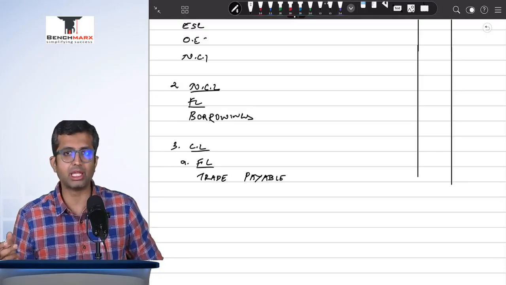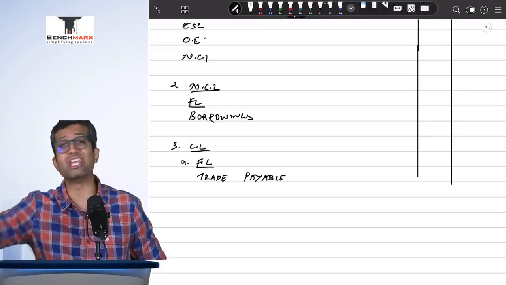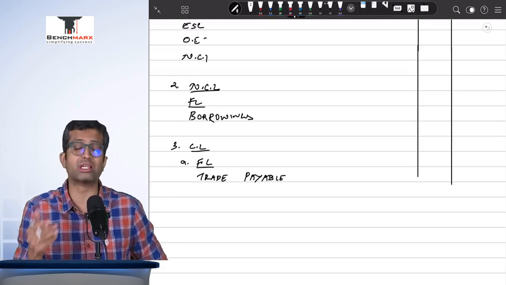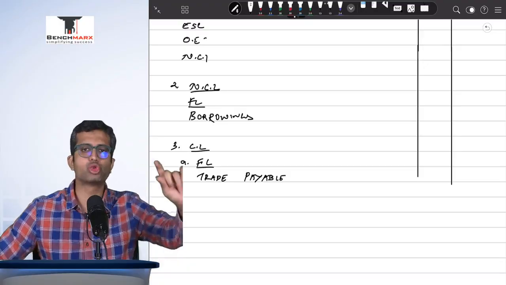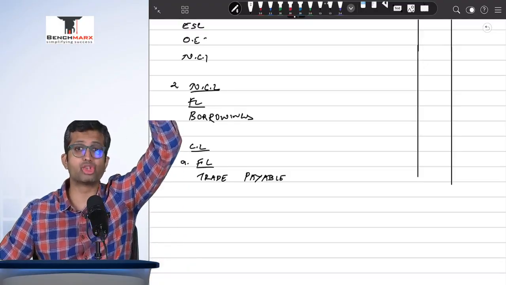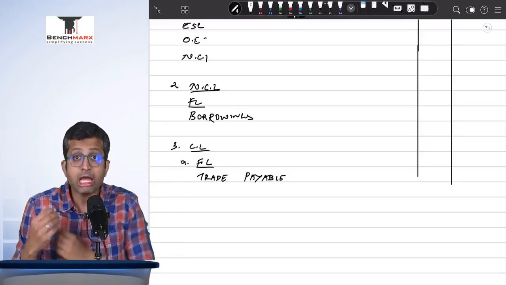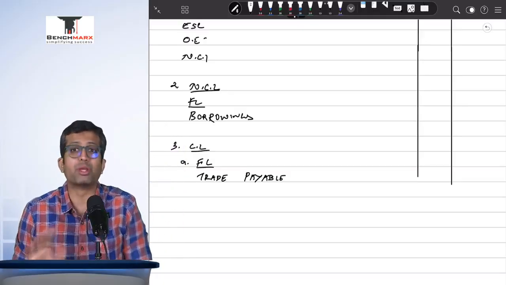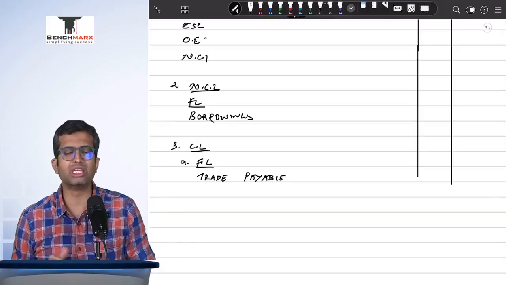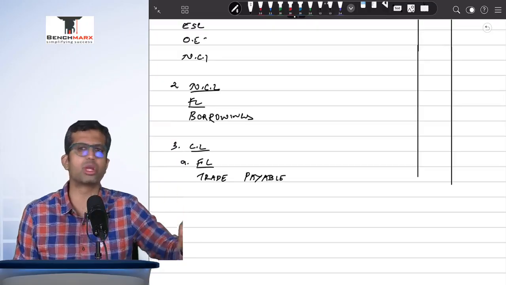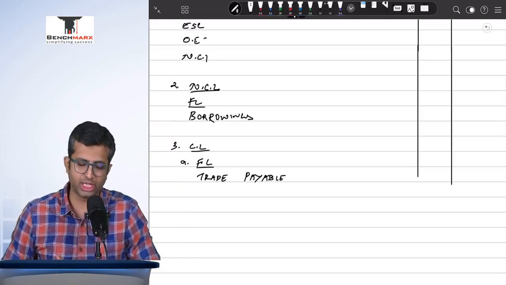The remaining 80 is payable to the NCI, and hence I will attribute that 80 to the NCI rather than showing it separately as a payable, because if I show it as dividend payable, remember the shareholders of the parent are only the shareholders which will be appearing in the consolidated balance sheet. This 80 is not paid to the shareholders of the parent. This 80 which is remaining is going to go to the NCI. This is not a dividend distributed by the parent, it is a dividend distributed by the subsidiary, and hence I will attribute the 80 to the NCI.